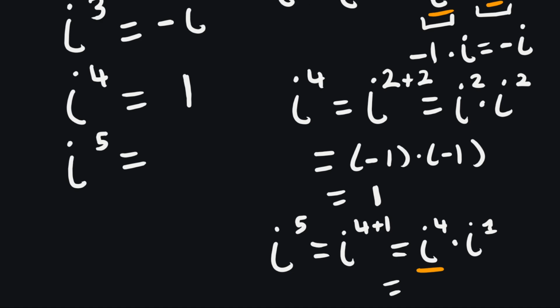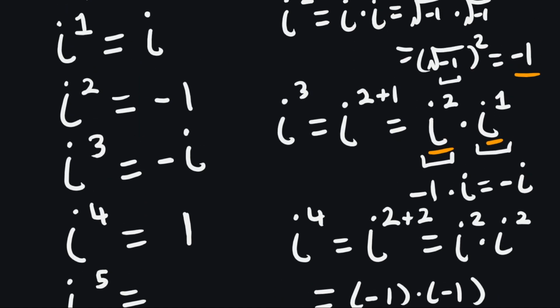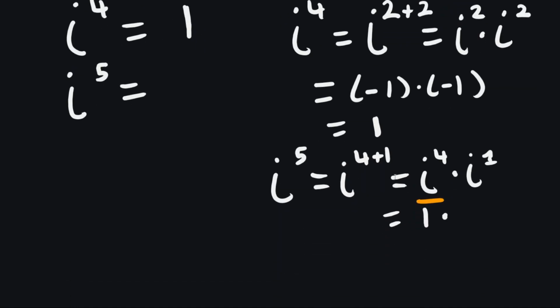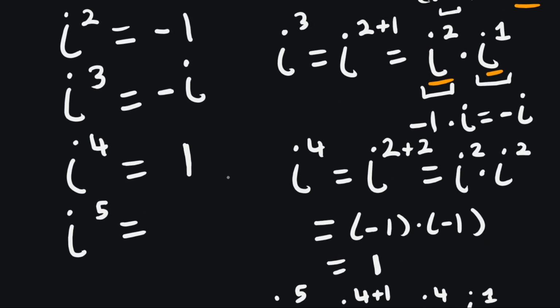So 1 times i to the first. We said i to the first was i. Any number to the first is just the same number. And what's 1 times i? Well, what's 1 times anything? It's simply just the same number. So 1 times i is i. So i to the fifth is i.